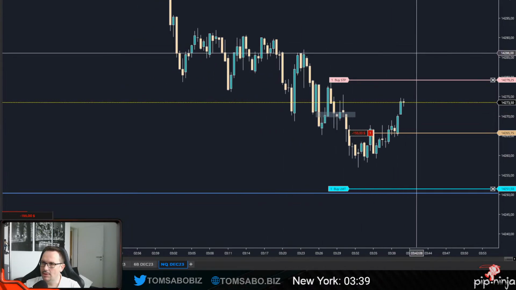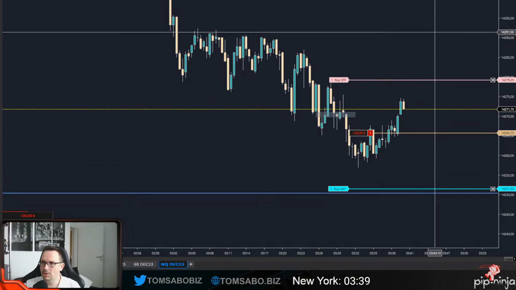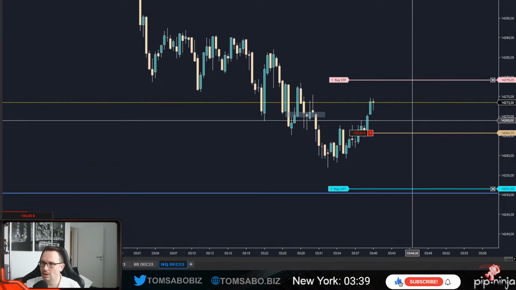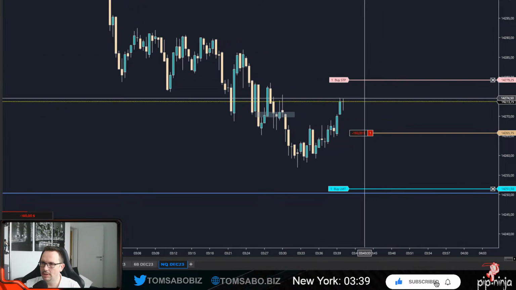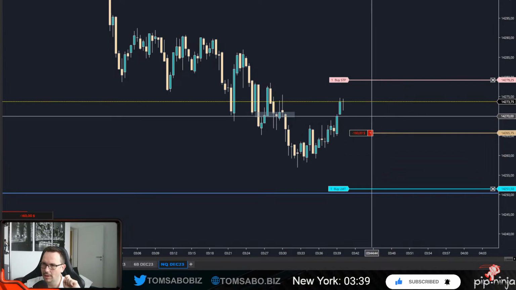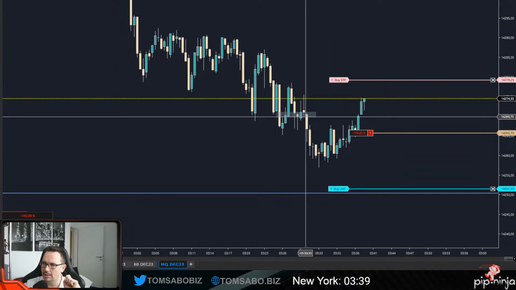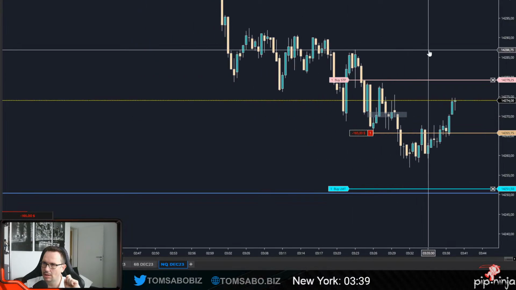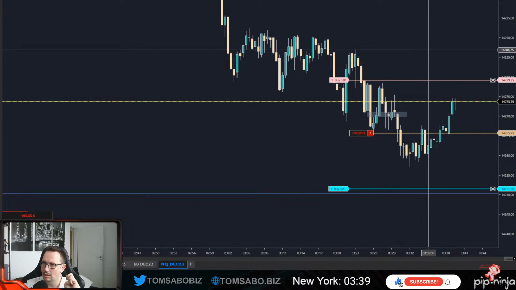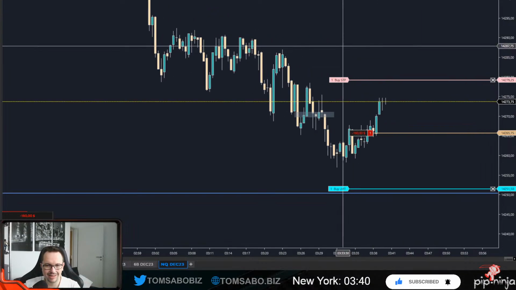But since it's not going so well, I'm just going to hold on a little bit to this trade. I'm not going to add more until it starts to break down again. My original entry should have been here, but I missed it by 4 handles.